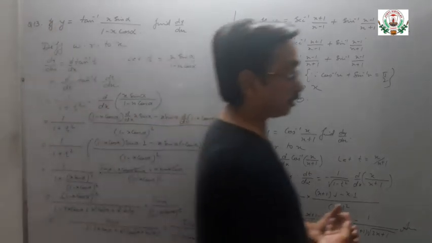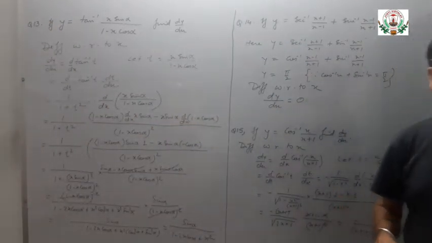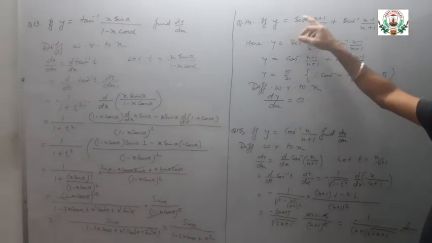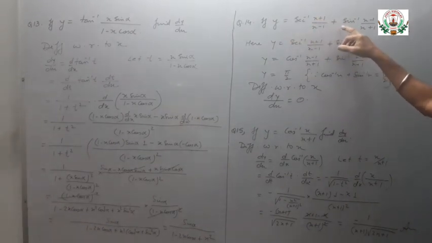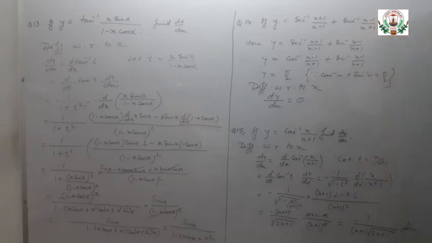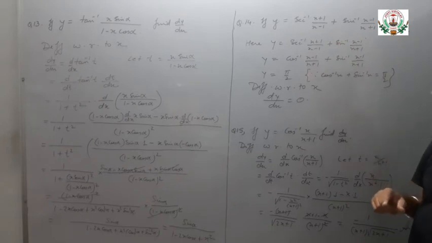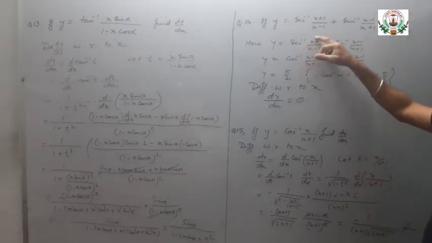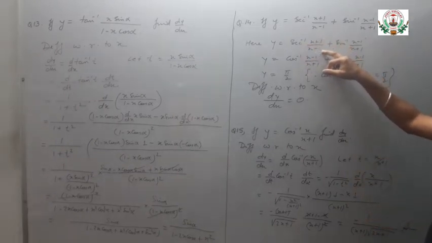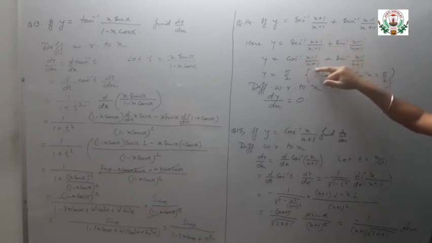Now question number 14, this is just a 1 mark question, important. If y equals sec inverse of x plus 1 upon x minus 1 plus sin inverse of x minus 1 upon x plus 1, find dy by dx. Sec inverse of x plus 1 upon x minus 1, and this is sin inverse of x minus 1 upon x plus 1. If we take the reciprocal property that we have studied in the inverse trigonometric function chapter, sec inverse of x plus 1 upon x minus 1 can be written as cos inverse of x minus 1 upon x plus 1.